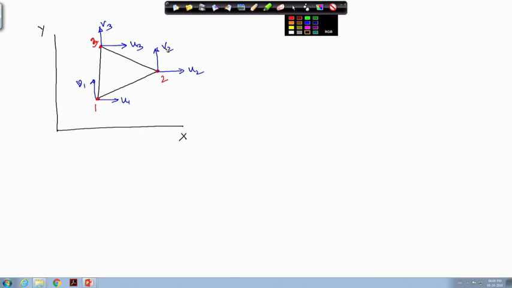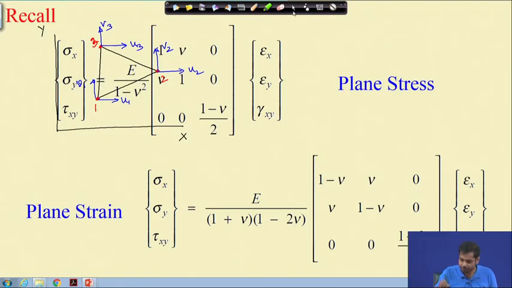So, essentially for a given degree of freedom, say for instance u, we have only 3 information, 3 values at the 3 nodes. Similarly, for v we have 3 values at the 3 nodes. So, what we take is we assume a polynomial which has only 3 constants.